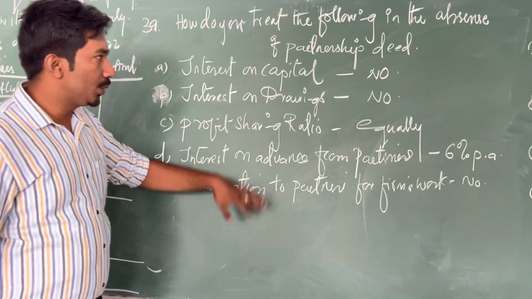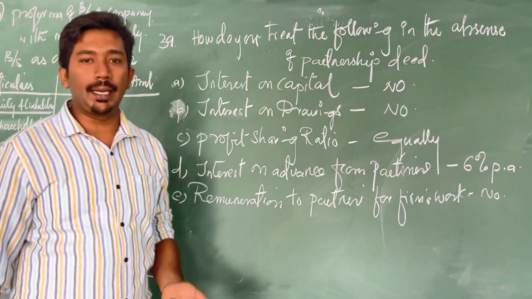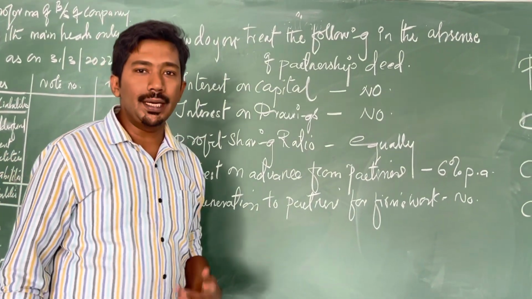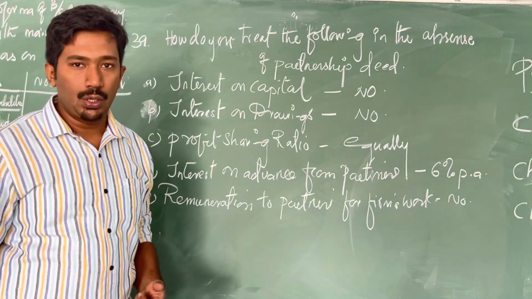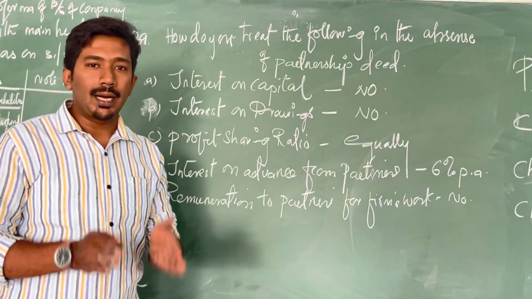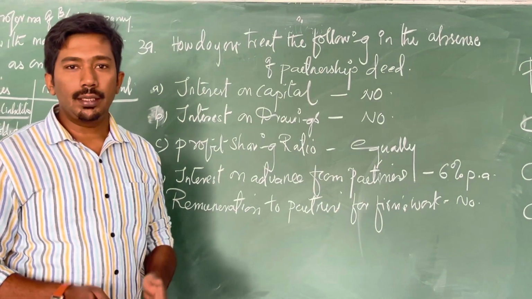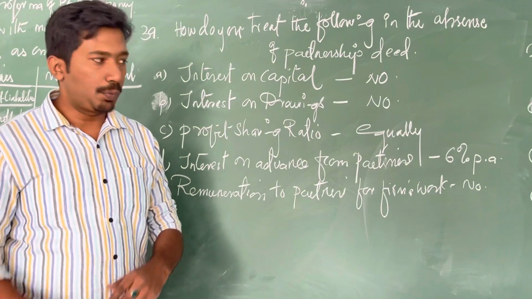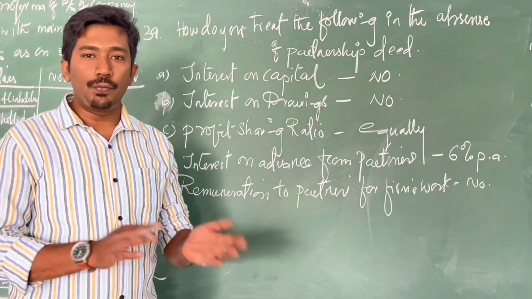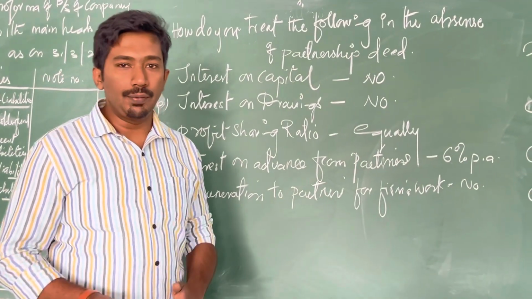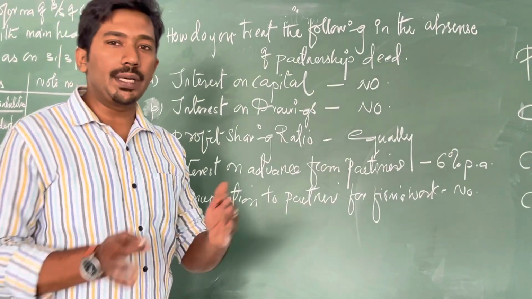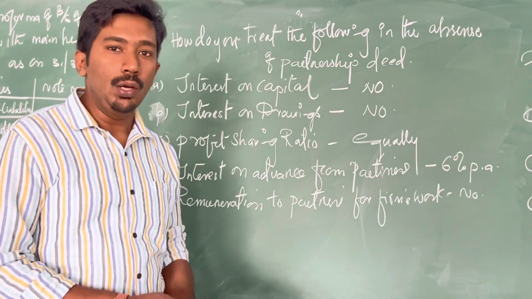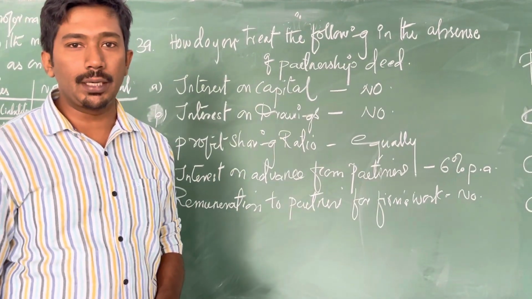So before we go to this, partnership deed is an agreement. They may ask you this for a 1 mark question. Partnership deed is an agreement between the partners. Okay, a partnership deed contains the name of the partner, name of the business, address of the partner, address of the business, profit sharing ratio, and how they will deal with the interest on capital, interest on drawings, and the loan taken from the partner.